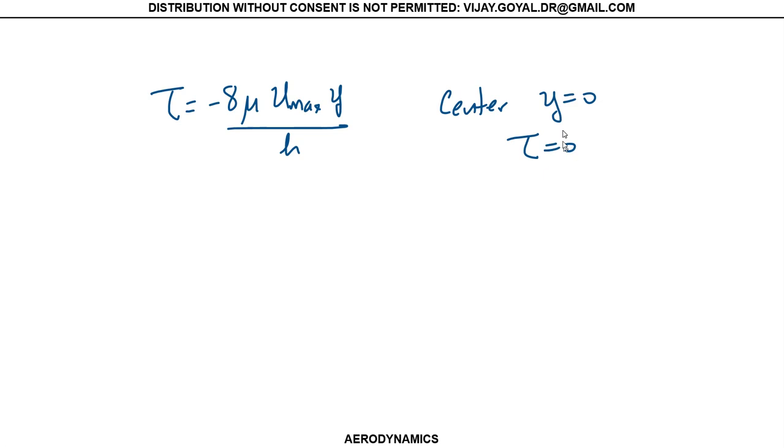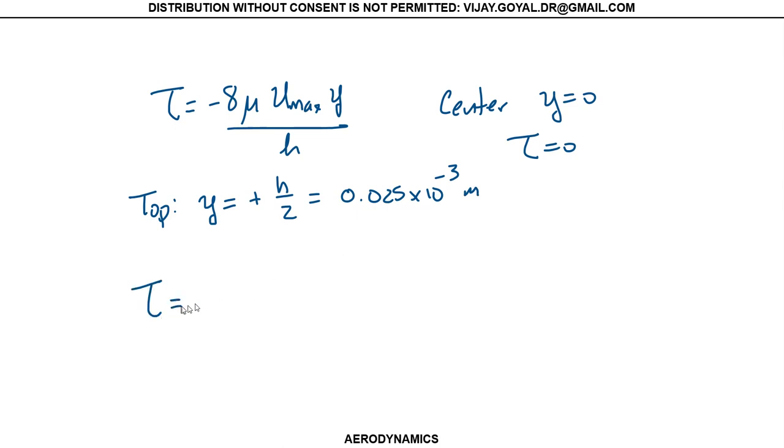There's no shear stress in the center streamline. Okay. Now for the top, we take y equal to positive h over 2, and that gives you 0.25 times 10 to the minus 3 meters.